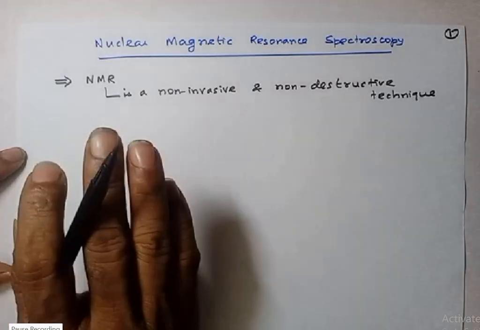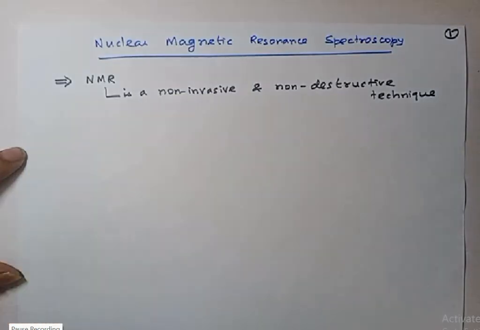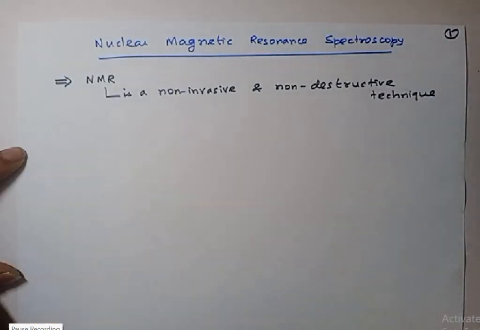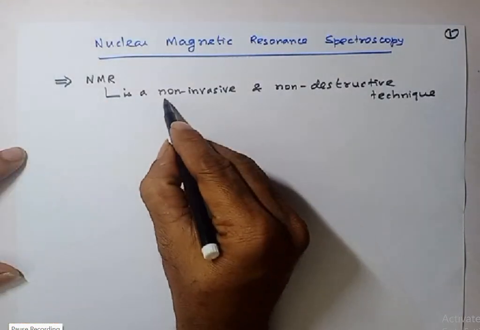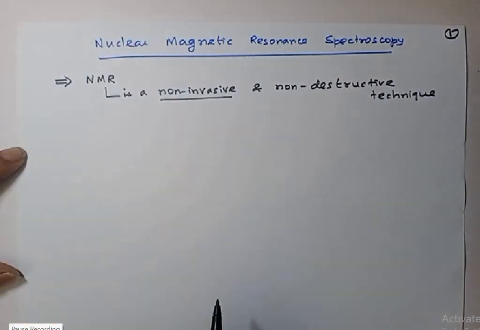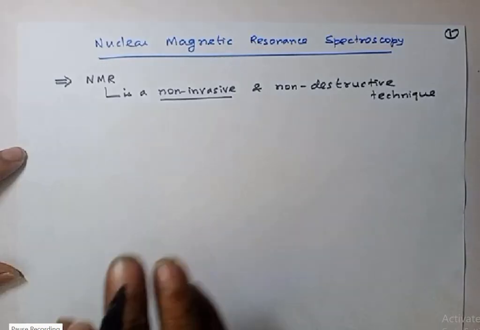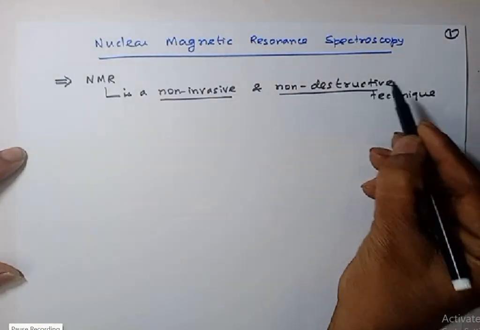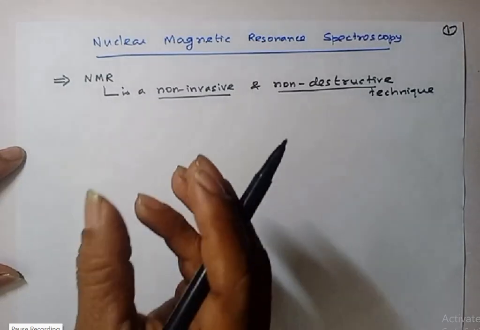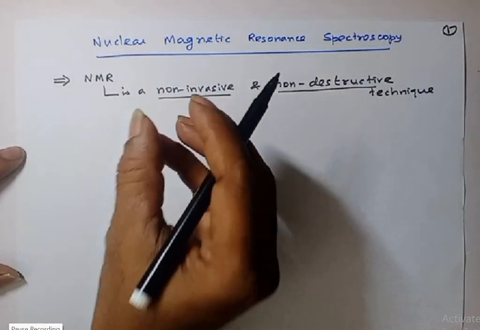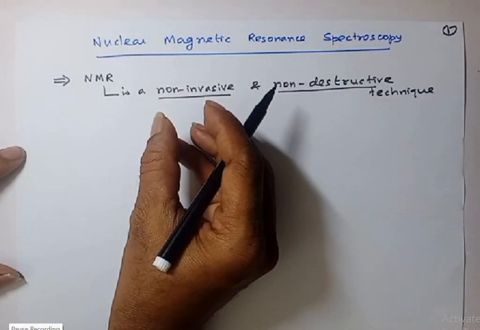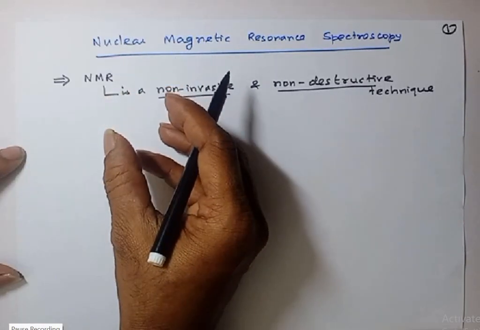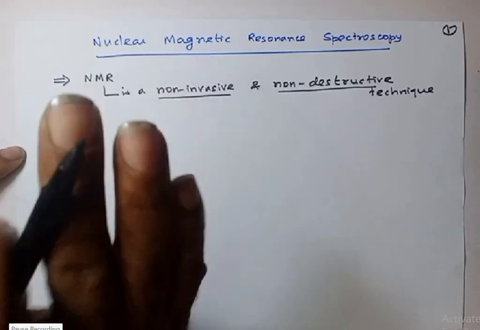Right, the first and foremost important point that you should keep in mind is NMR is non-invasive. It does not consume the sample and it is non-destructive. The molecule or the compound that you keep in the NMR instrument, after taking the spectrum, all the molecules in the compound remain as such.